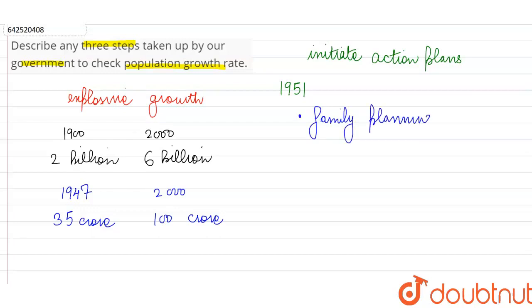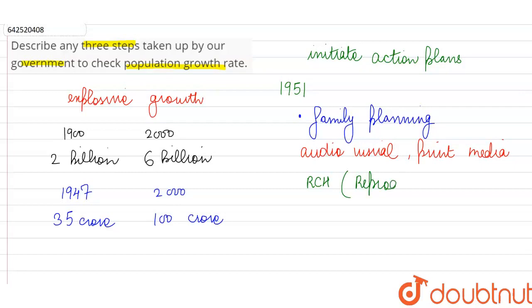Apart from encouraging smaller families, the government also took into consideration other reproduction related aspects, and through audio visual and print media, the government has tried to spread awareness about reproductive health under a program known as RCH, which means Reproductive and Child Health Care.